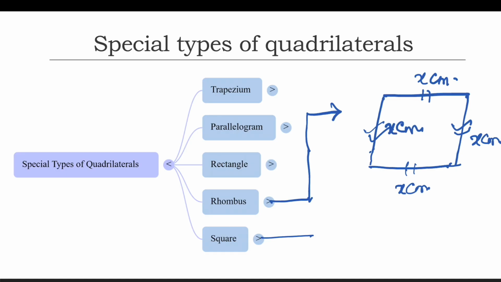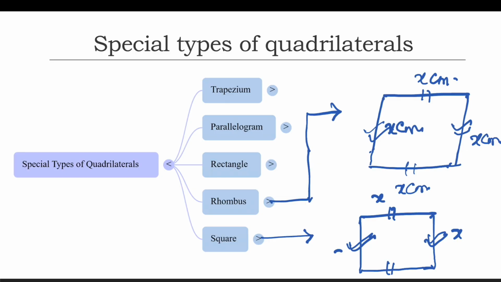This is a rhombus. Then comes square. What is a square? It is a special type of rhombus only. So parallelogram first, opposite sides are parallel, then all sides are equal, and then all angles are also equal, which is 90 degrees.